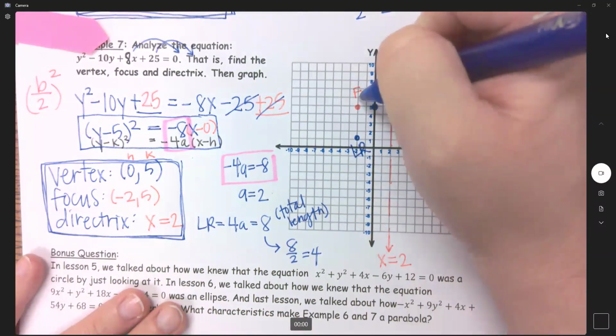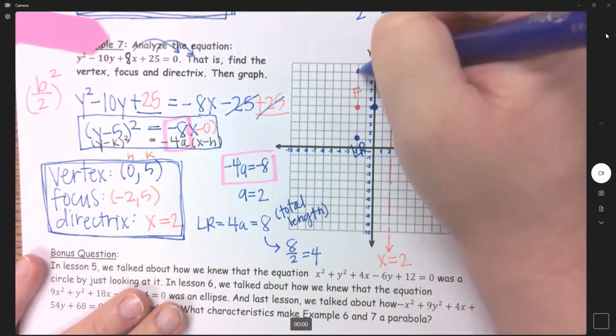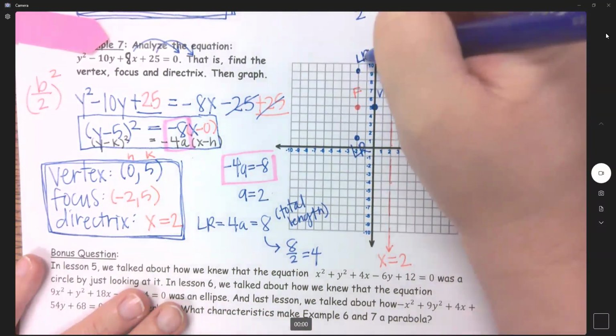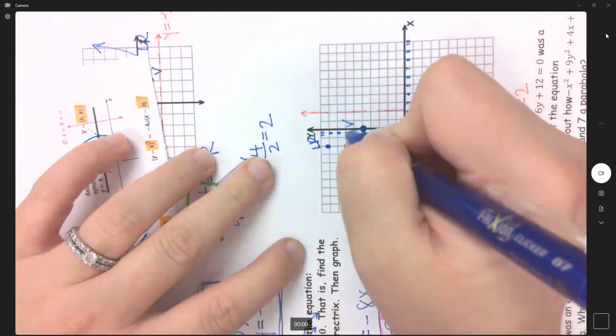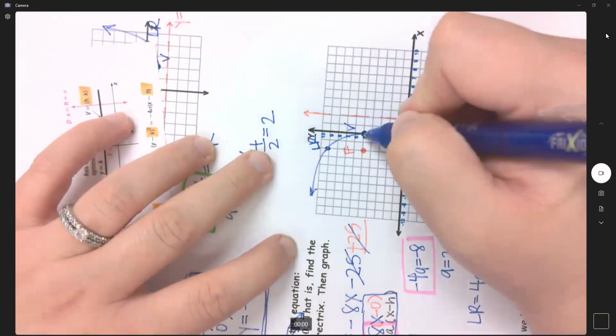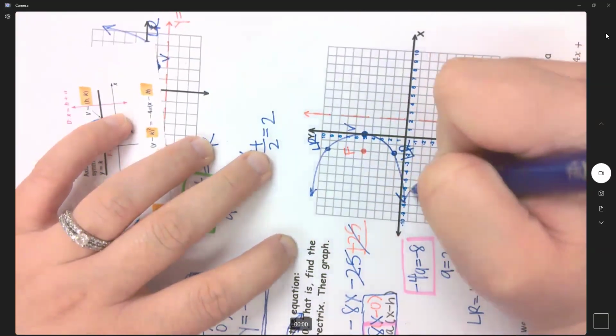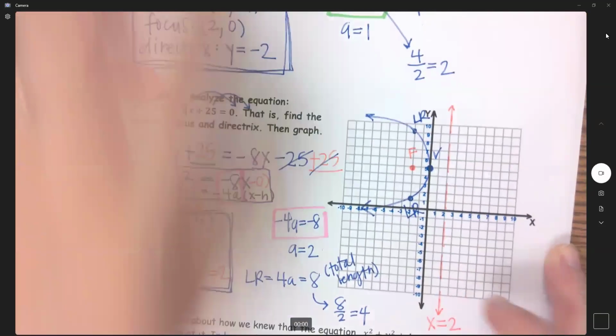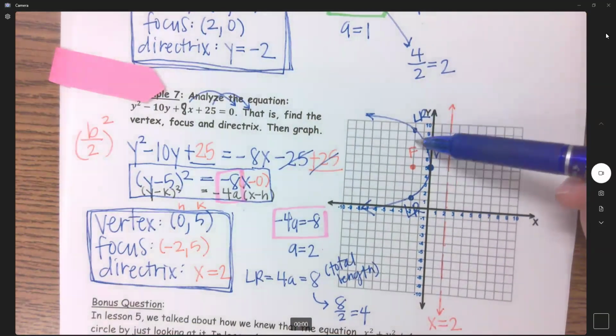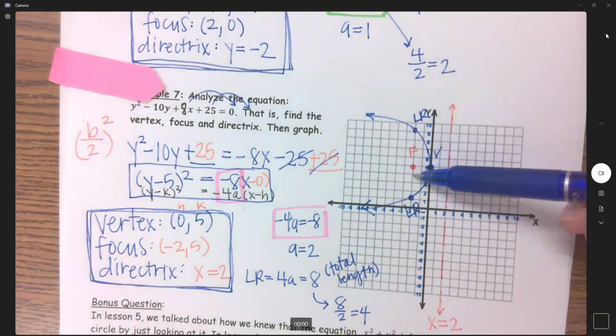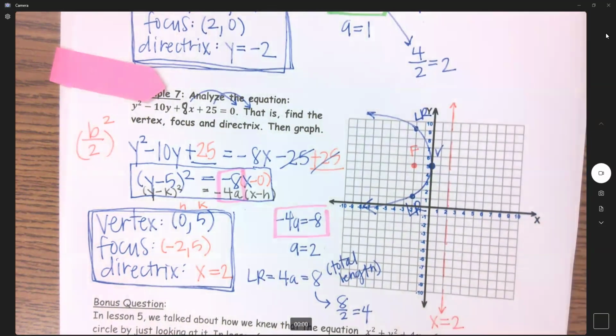From my focus, I'm going to go up 1, 2, 3, 4. And there is our parabola with a total latus rectum of 1, 2, 3, 4, 5, 6, 7, 8 units.